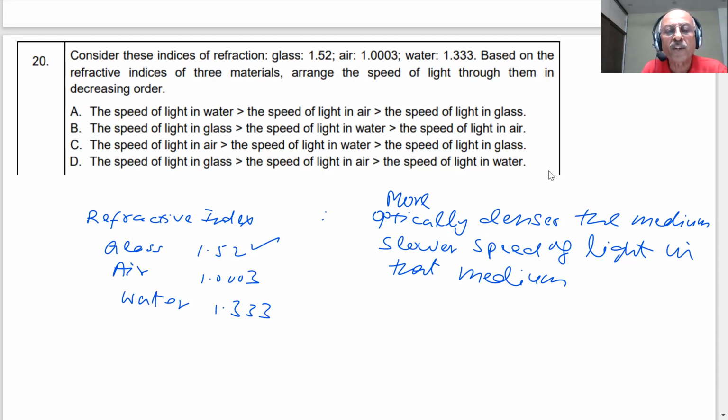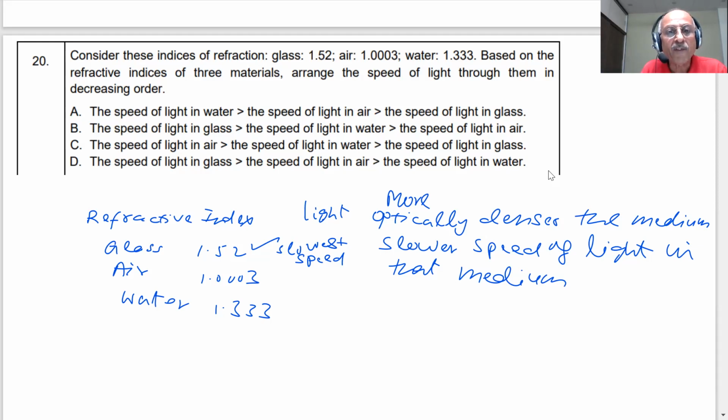It has the highest density, the optically denser medium. Therefore, the light will have the slowest speed in this, and then next will be water. So it will be traveling faster in air than in water.